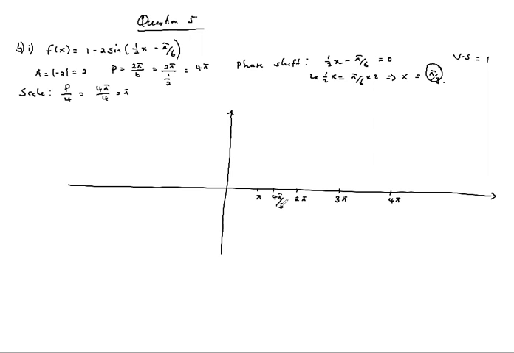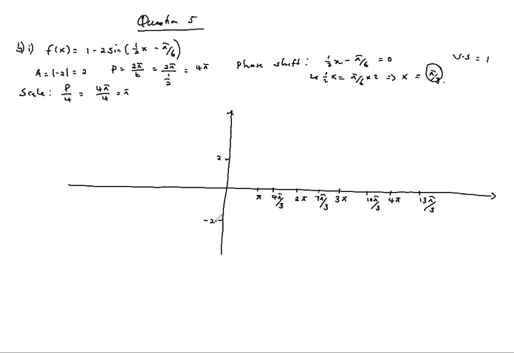To 2 pi, we add pi over 3, we'll get 7 pi over 3. And here we'll get 10 pi over 3. And here we'll get 13 pi over 3. And then the amplitude, we say this is 2.